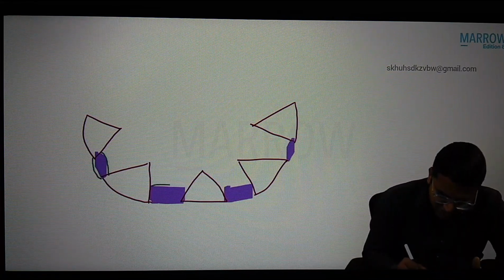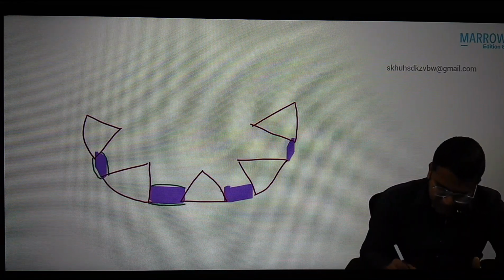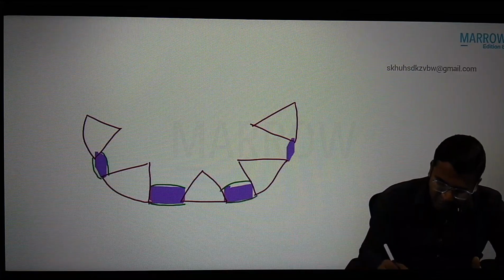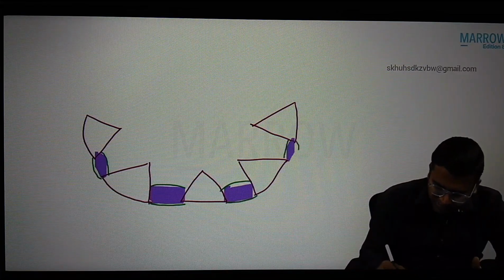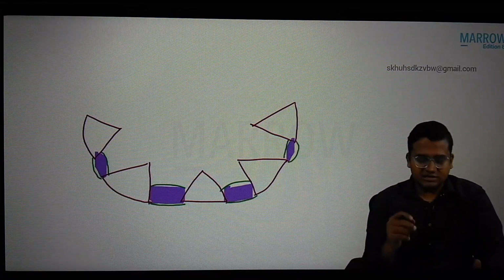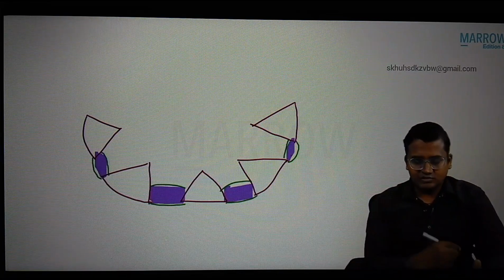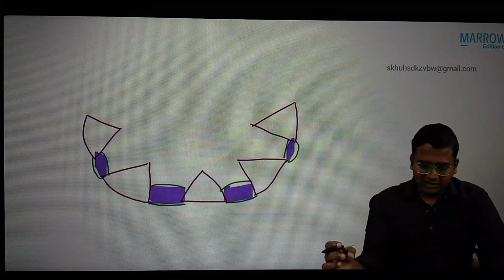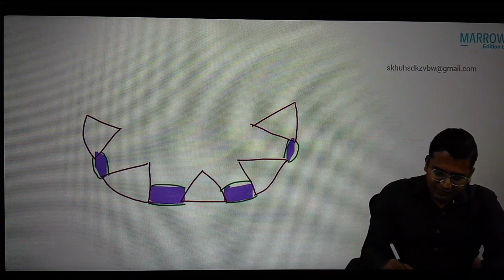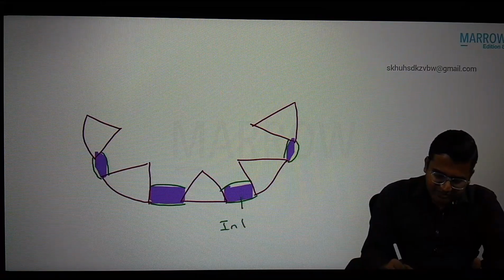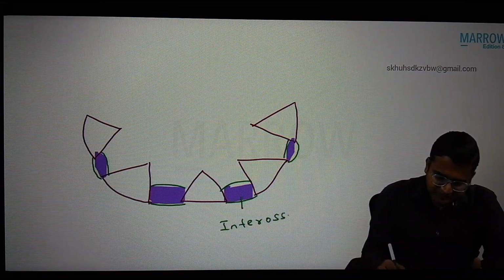Fascia covering the interosseous muscle. Draw the diagram along with me. Though you have notes, still draw this diagram with me. First draw the metacarpal bone and then draw the interosseous muscle. That is our interosseous muscle.